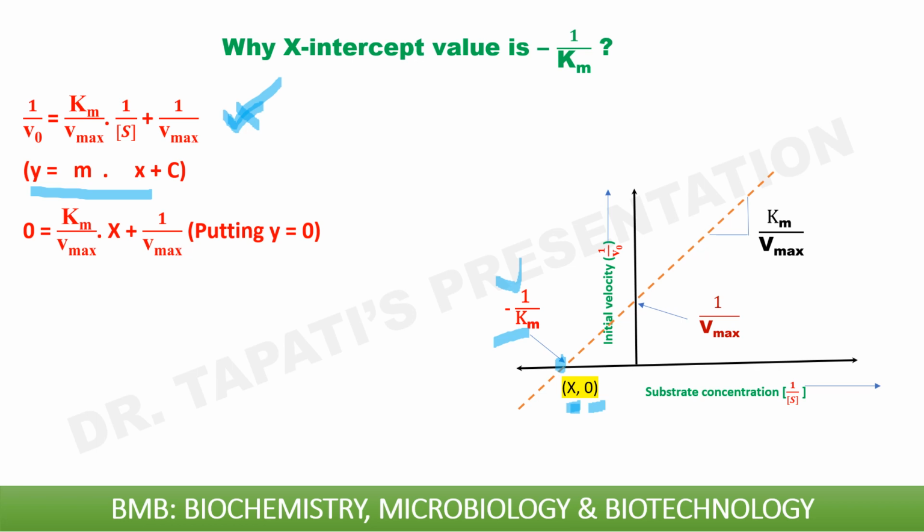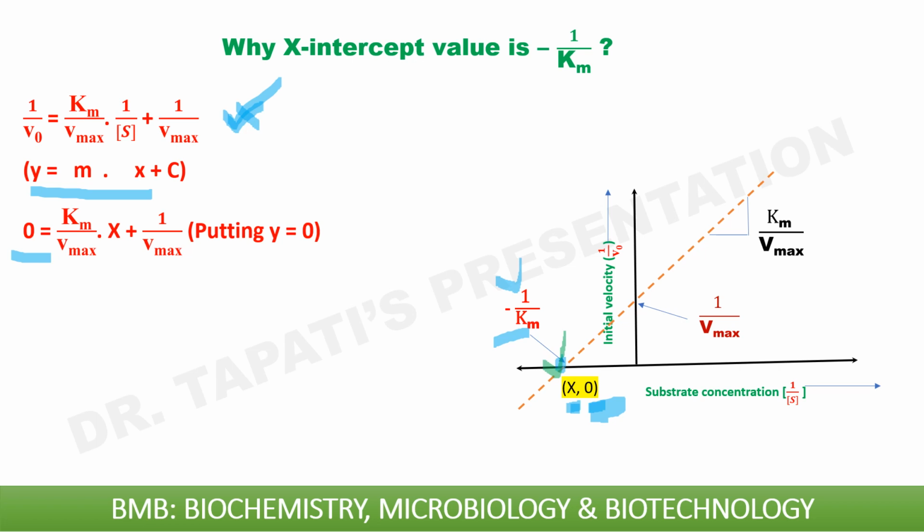If you put the y value as 0 here, where the y value is 1 by V0, because at the x-intercept point the y value is 0, that means 1 by V0 is equal to 0.